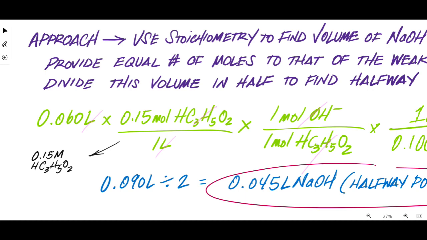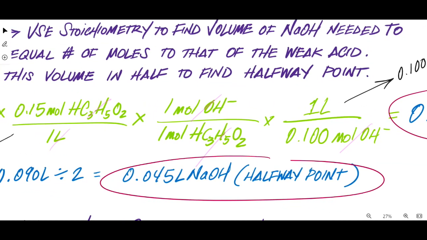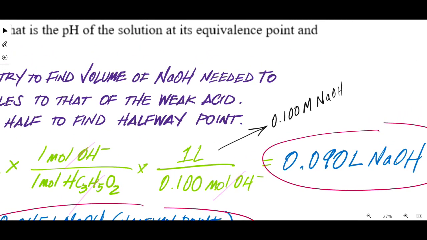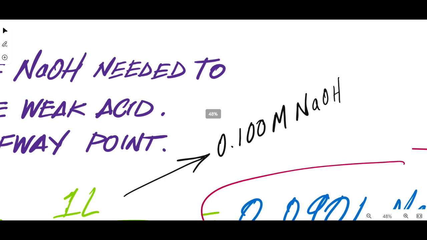We need a volume. So how do I go from moles to volume? Well, I'm going to use the concentration of the strong base. So it says 1 liter over 0.100 moles of OH minus. That's just the concentration of NaOH that was given in the problem. It's just another way of writing it, right?